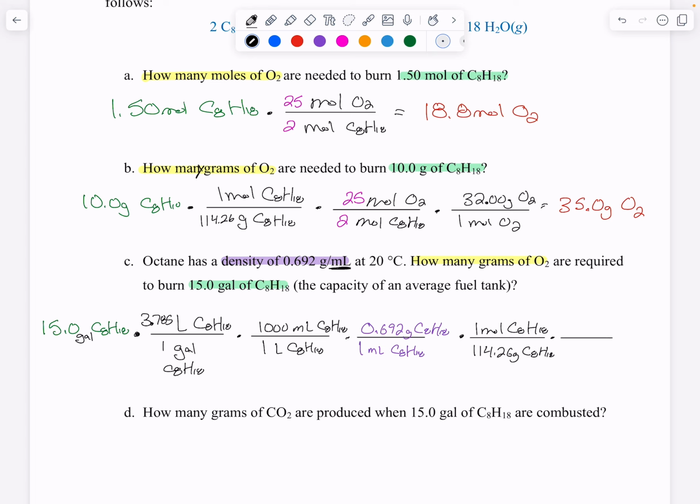And I'm almost out of space. Right? And then it's 2 moles of C8H18 to 25 moles of O2. And I'm going to come down here. And then we have 1 mole of O2 is 32 grams.